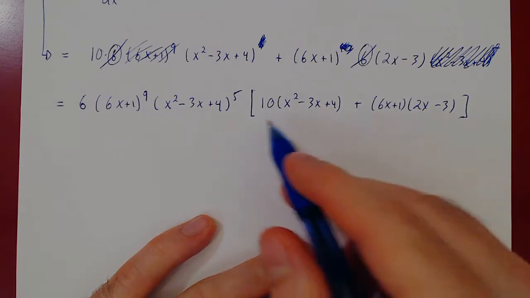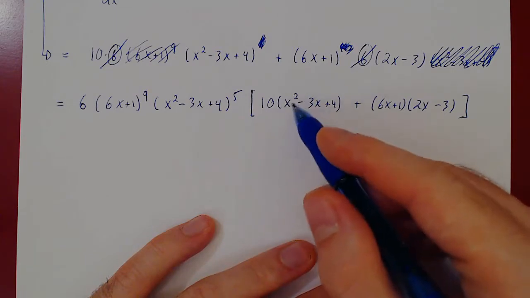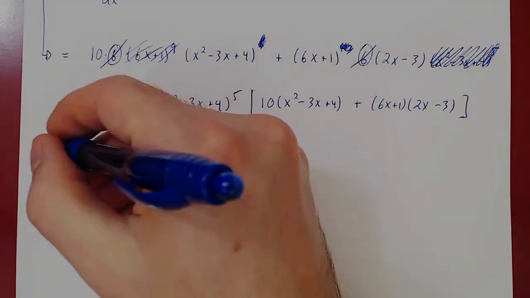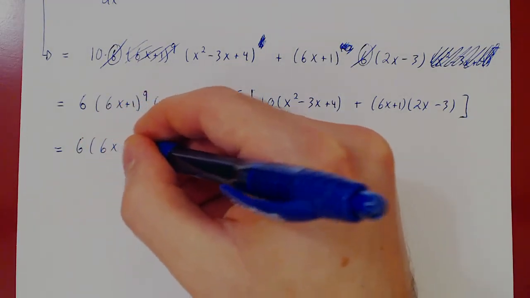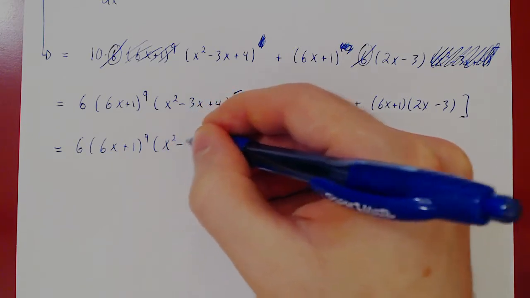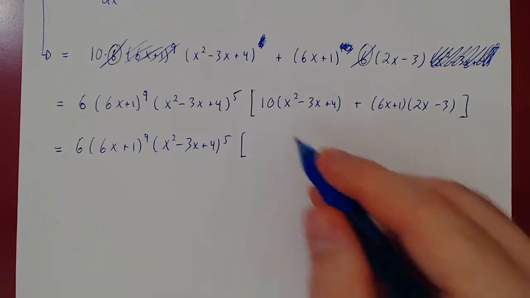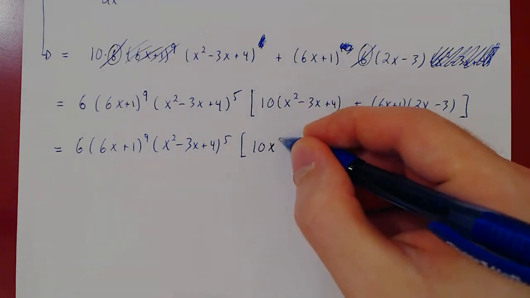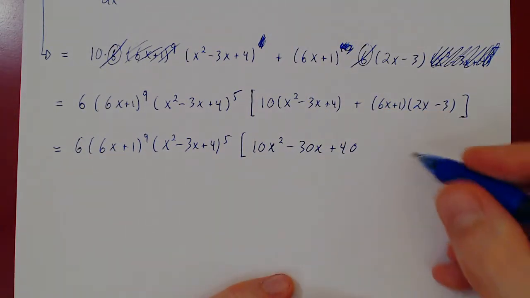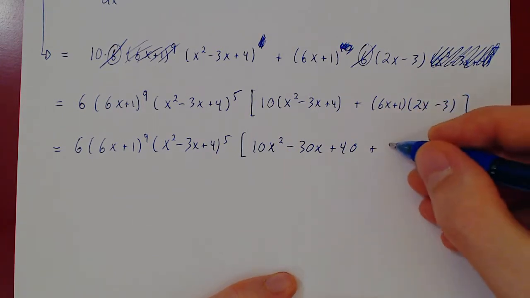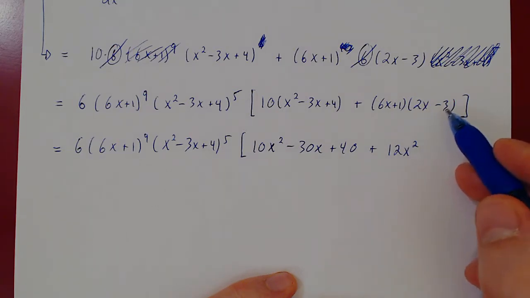And what's left now is simply to multiply both of these expressions and pair up the multiples of x squared, x, and the constant terms. Let's do so. So we recopy what we have here. So 6x plus 1 to the 9, x squared minus 3x plus 4 to the 5th power, times. Let's multiply. So 10 times all this gives us 10x squared minus 30x plus 40, plus 6x times 2x is 12x squared. 6x times negative 3 is negative 18x.